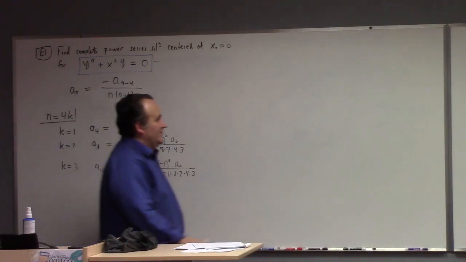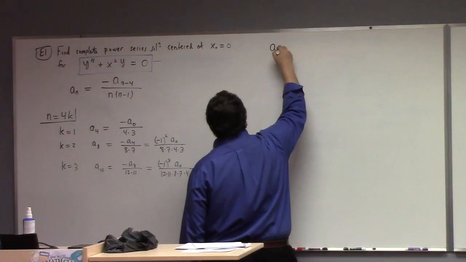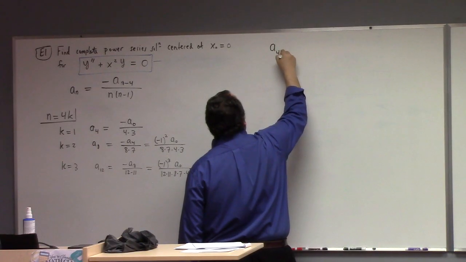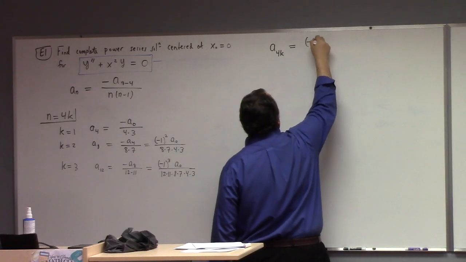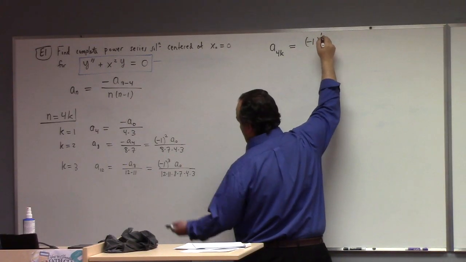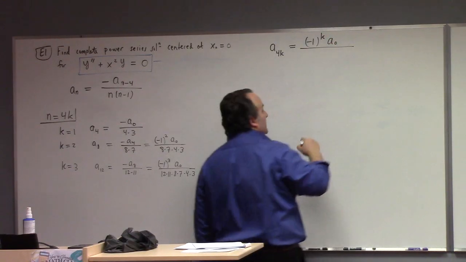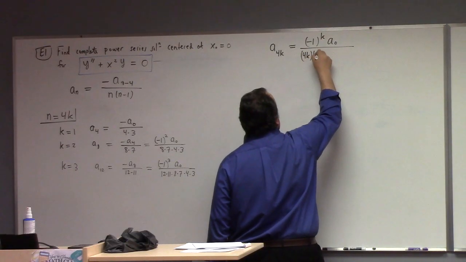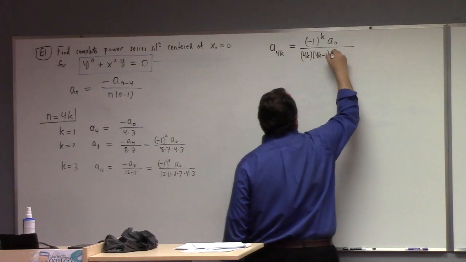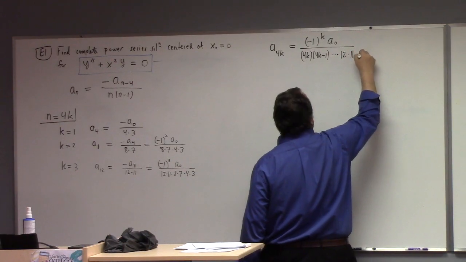You want me to write... it's not a factorial, no. If only, but no. So we have a separated factorial. A sub 4k, I don't have a name for it, but a sub 4k is apparently minus 1 to the k, a sub naught, divided by 4k times 4k minus 1, and that goes on until it gets to 12 times 11 times 8.